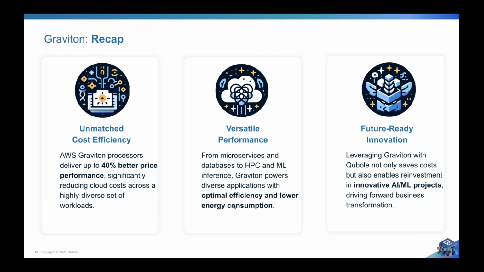And definitely one of the benefits which we don't see at our end, which is seen at the hyperscaler level, is lower energy consumption, which helps you in ESG or sustainability goals of the organizations.